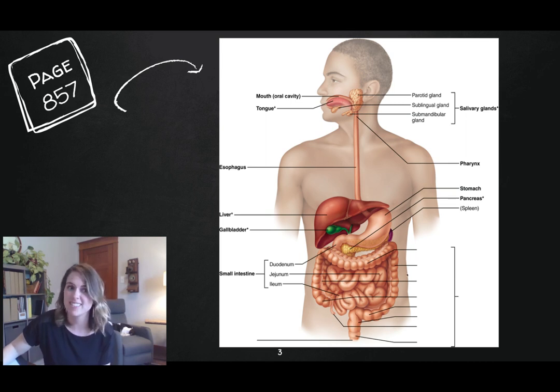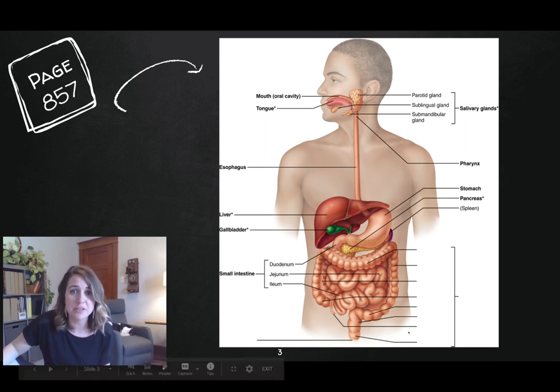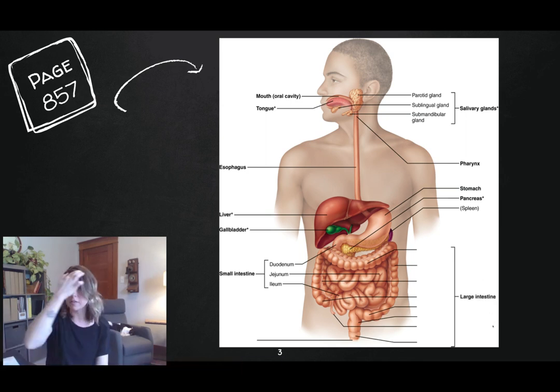Everything else over here in this bracket is technically a part of the large intestine. There's a lot of different stuff here in our large intestine, although it's not very complicated to look at. Think of it like a house almost.